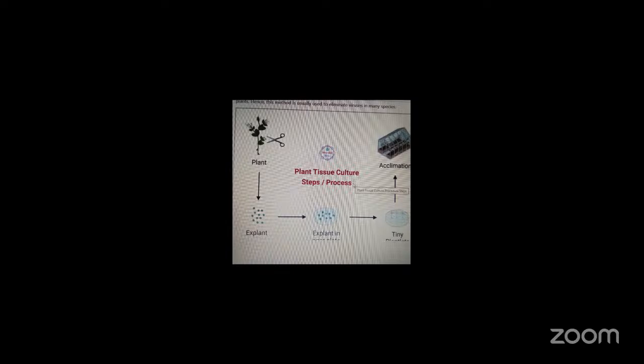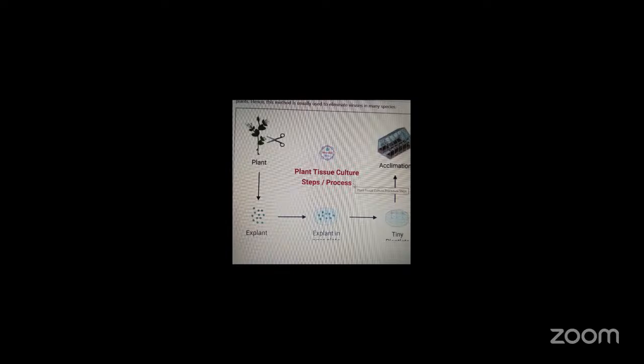Either to the field, sometimes, for the transfer to the field, to reduce the water loss during acclimatization, the plants are initially transferred to the greenhouse or growth chamber.